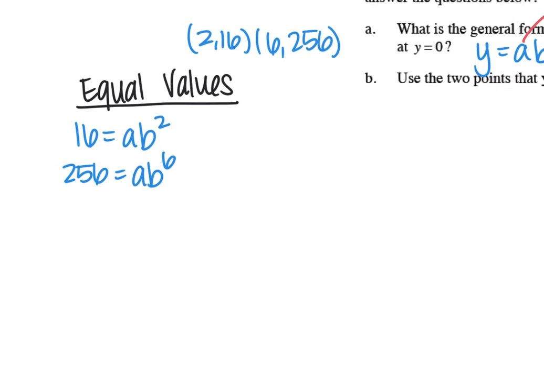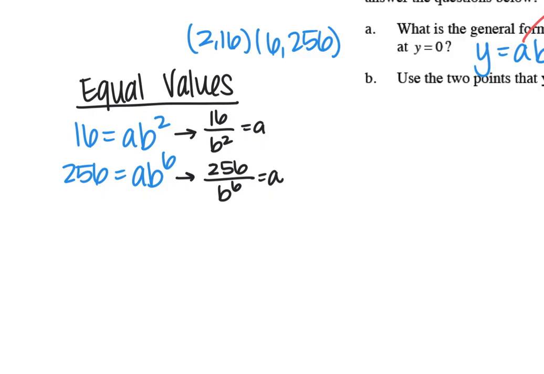So this top equation, 16 equals ab squared, if I divide both sides by b squared, I get 16 divided by b squared equals a. If I take the bottom equation and I divide both sides by b to the 6th, I get 256 over b to the 6th equals a.